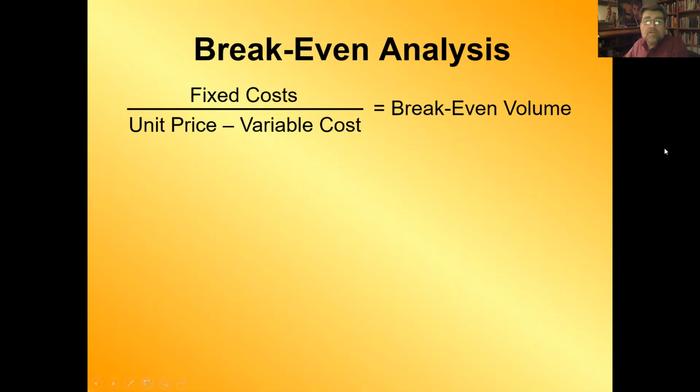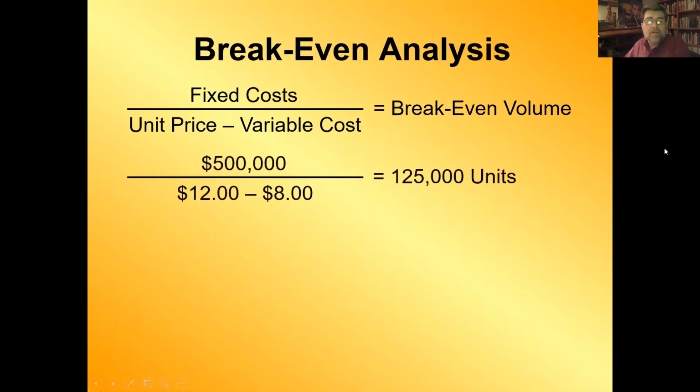So let's run a test example here. Let's say our fixed costs are $500,000. Those are reoccurring costs that have nothing to do with production. And let's say we're going to charge $12 for every unit we produce, and our variable cost is $8.